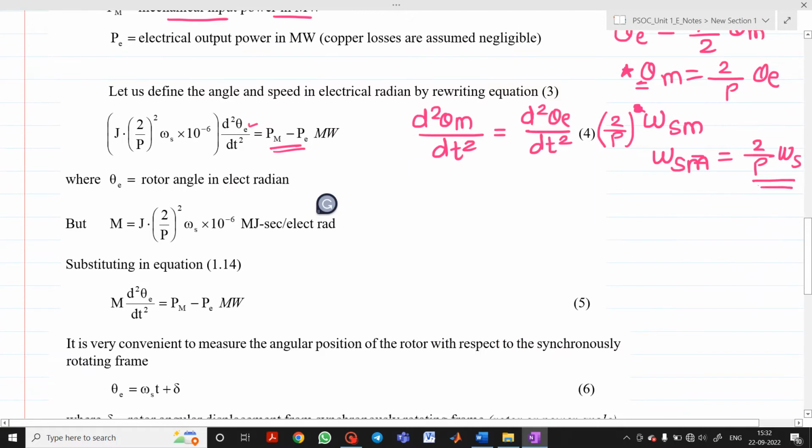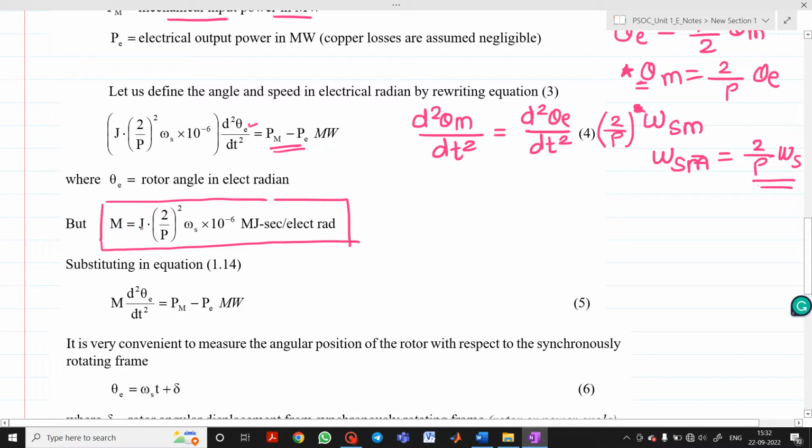Now what is this theta E? This theta E is nothing but the rotor angle in electrical radian. But already we studied the relationship for moment of inertia, or angular momentum you can say. What is the formula in dynamics of synchronous machine?